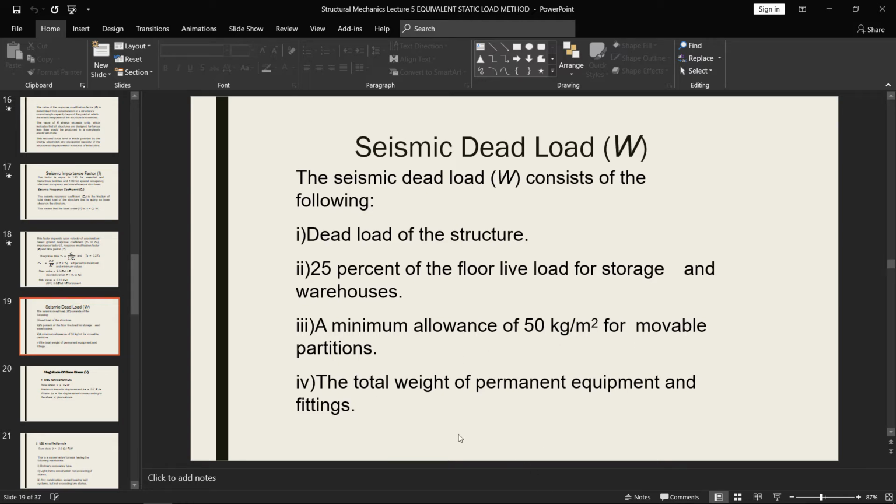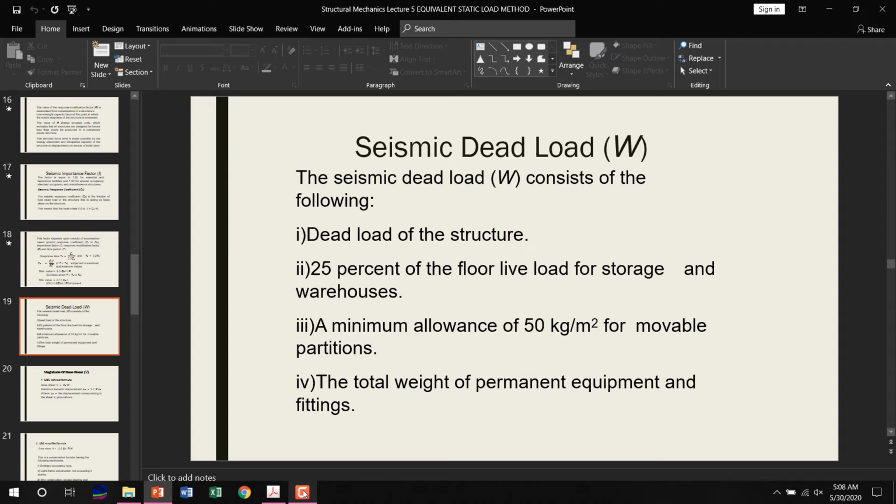In this example, permanent fittings are not present, so these values are skippable. Even the movable partitions are not there. We are calculating only the dead load of the structure. If any of these are present, depending upon the condition, you have to also consider them in the total seismic weight.